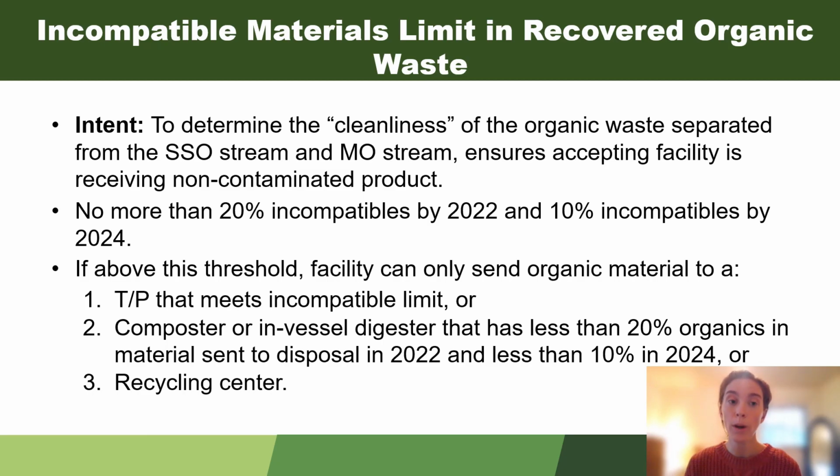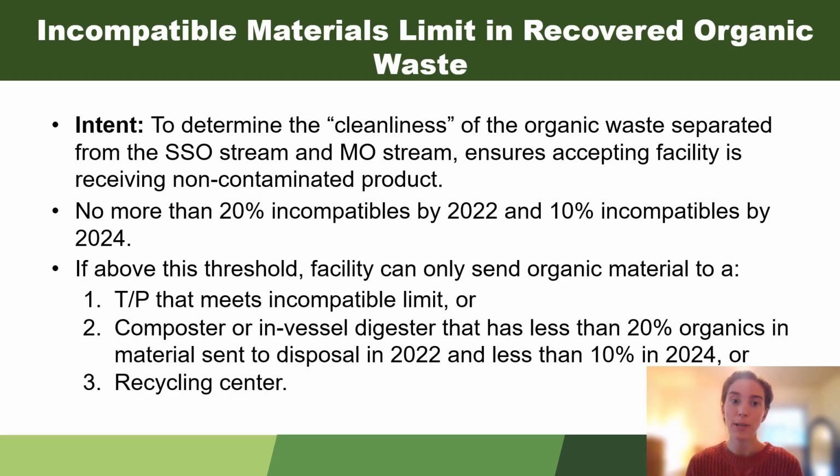If there's more than 20% incompatibles in these streams, then the facility can only send organic material for recovery to 1, a transfer processor that meets the incompatible limit, 2, a composter or in-vessel digester that has less than 20% organics in its material sent to disposal as of now, and less than 10% as of 2024, or 3, a recycling center.